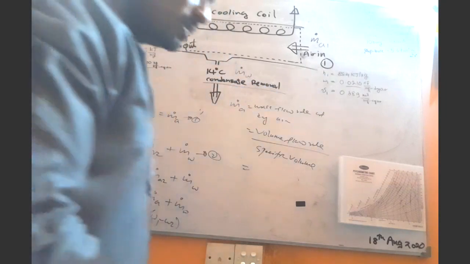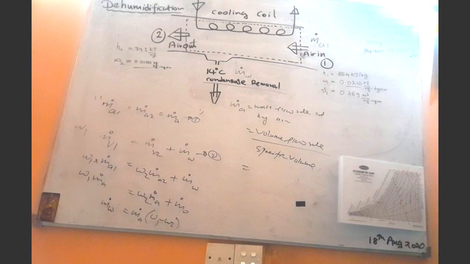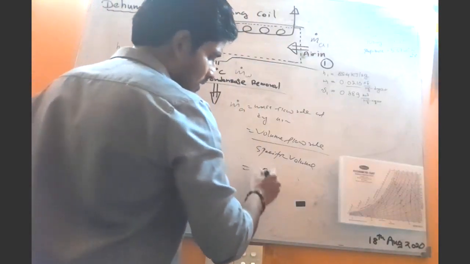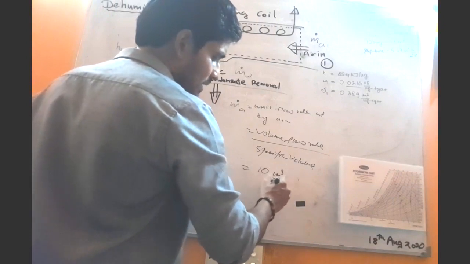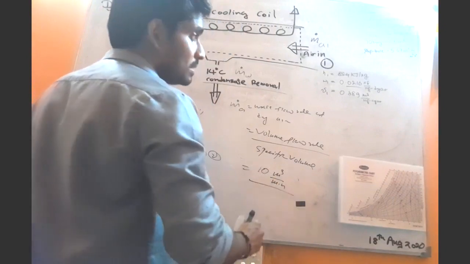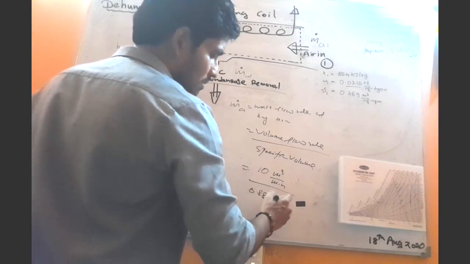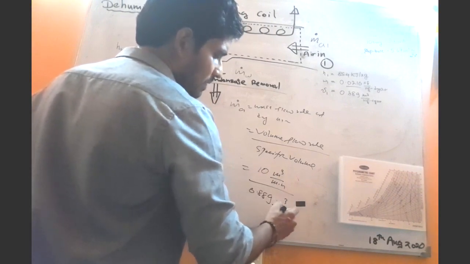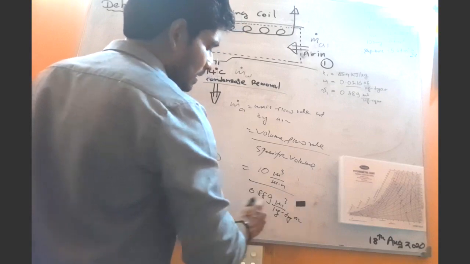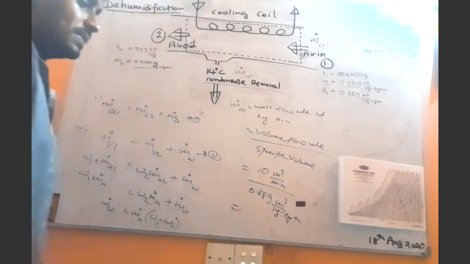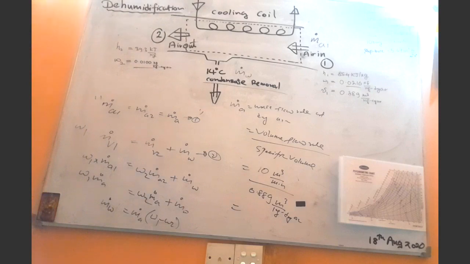According to the problem, the volume flow rate is 10 meter cubes per minute. So 10 meter cubes per minute divided by 0.889 meter cubes per kilogram of dry air.